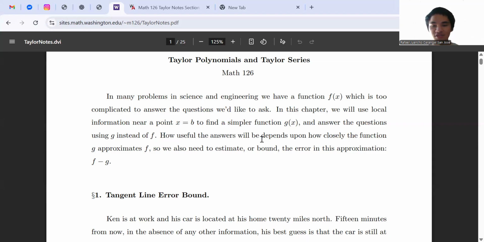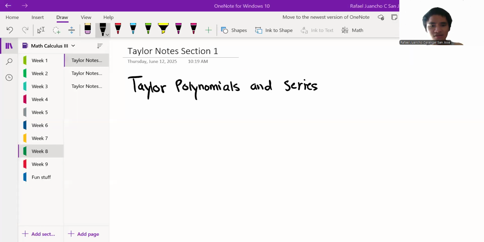So let me just state that in my own words. What in the world are we trying to say? In general, not even science and engineering, but in many problems, we have some sort of function that we don't know.